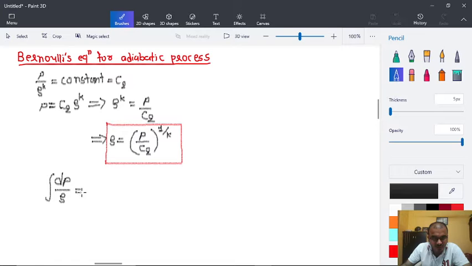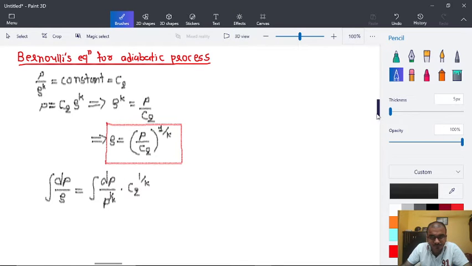That will be equal to integration dp by p raised to 1 over k into c2 raised to 1 over k.